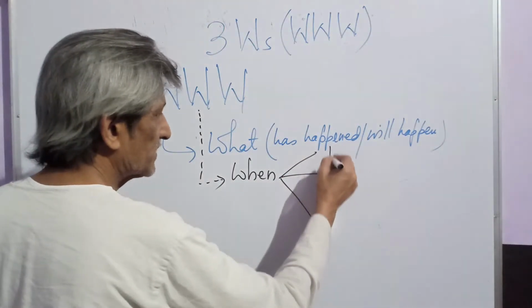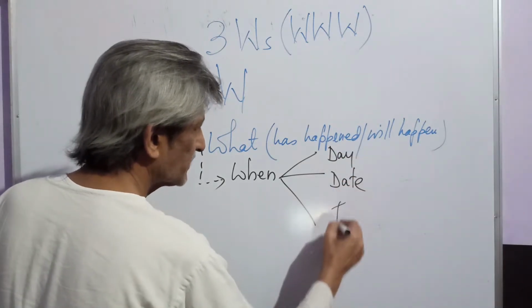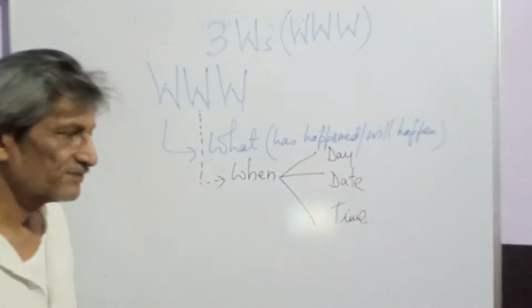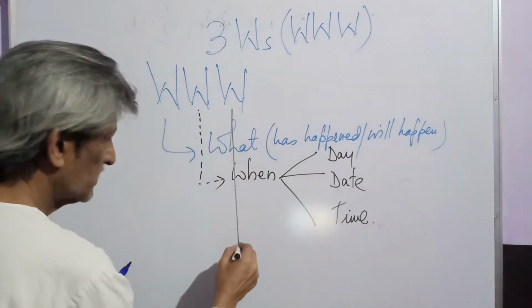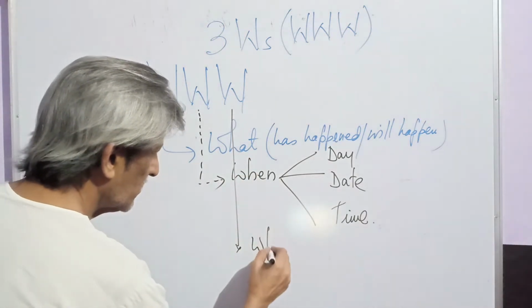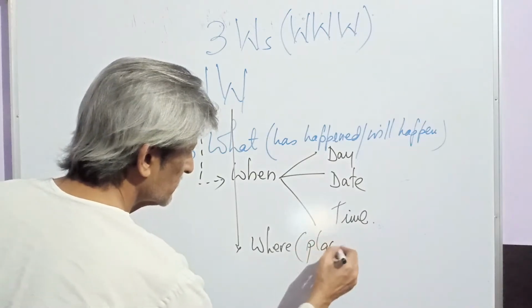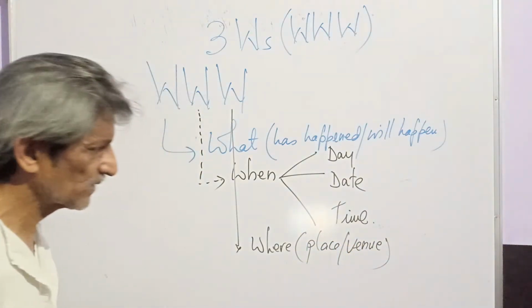That is day, date, and time. In these 3 parts. And the last but not the least is where. That is place, or is also called venue.